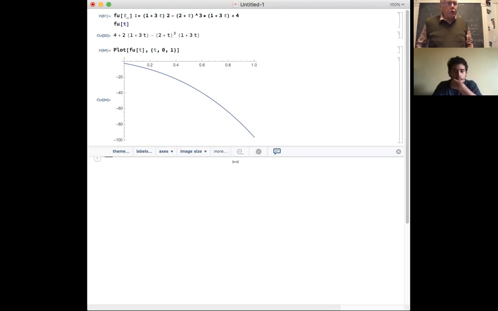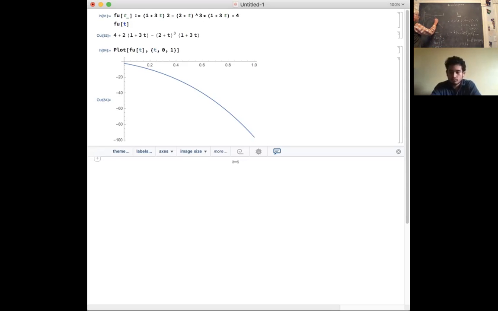So here is the picture of the graph. I just plotted this function, and the function plots quite negatively. It just goes down. So the picture will tell you what to expect from this work: that the minimum will occur at 1 and the maximum occurs at 0.